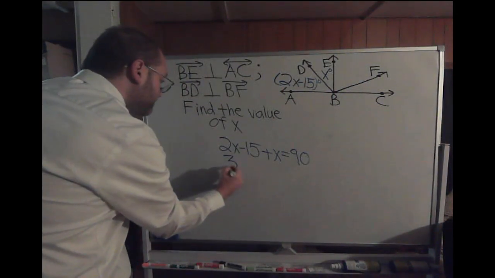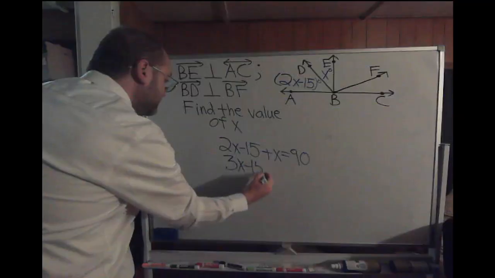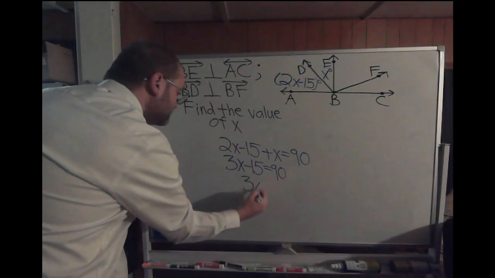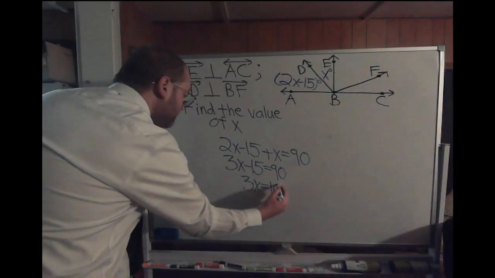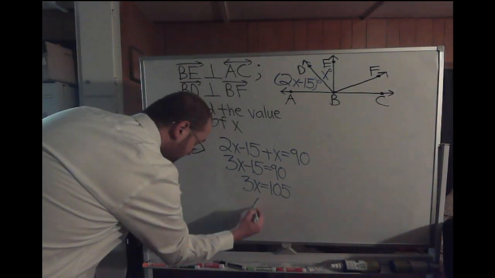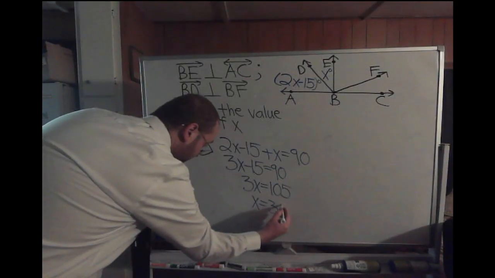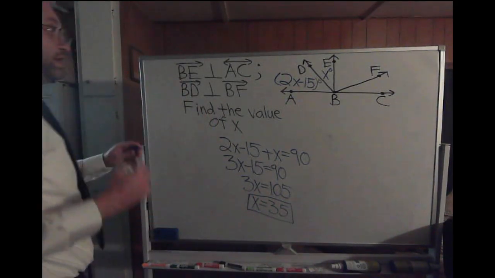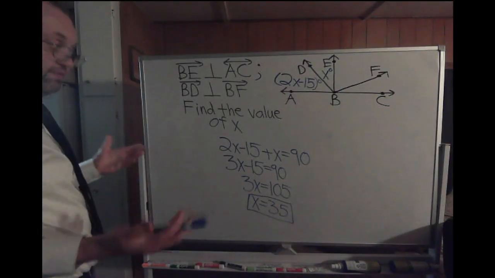That gives you 3x minus 15 equals 90, which means 3x equals 105, which means x equals 35. So the answer for this one is that x equals 35 degrees.